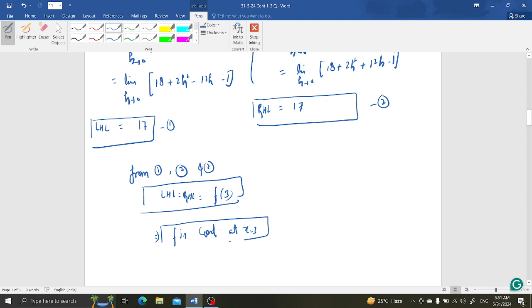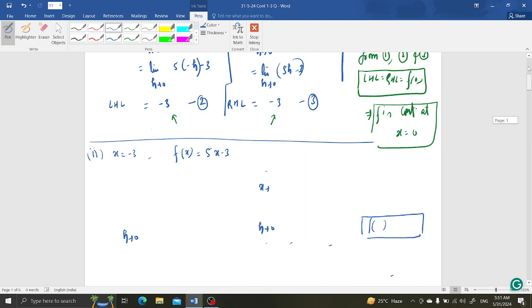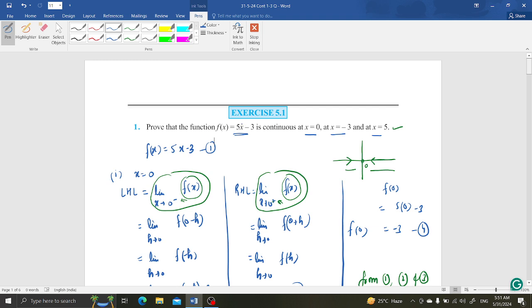Now one more thing I need to tell here. From first and second, we observe the common thing. In the first question, the polynomial given is of degree 1, and the domain of this polynomial is complete R, the complete real numbers. So we have a result.